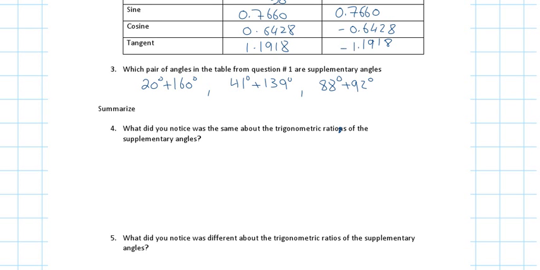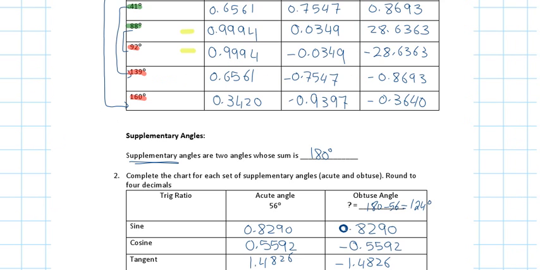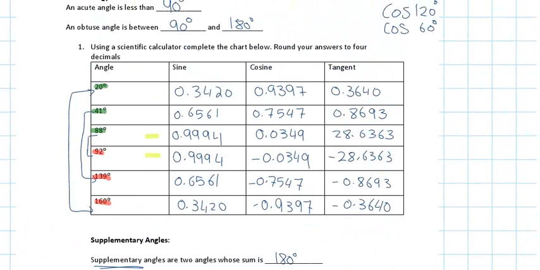Acute angles are always positive. All the acute ratios are positive? Is that what you were saying? Yeah. Do you guys agree? So if we go back here, I meant this. If I look here, all the ratios for the acute angle were positive, yes? Yes. Good. Okay.